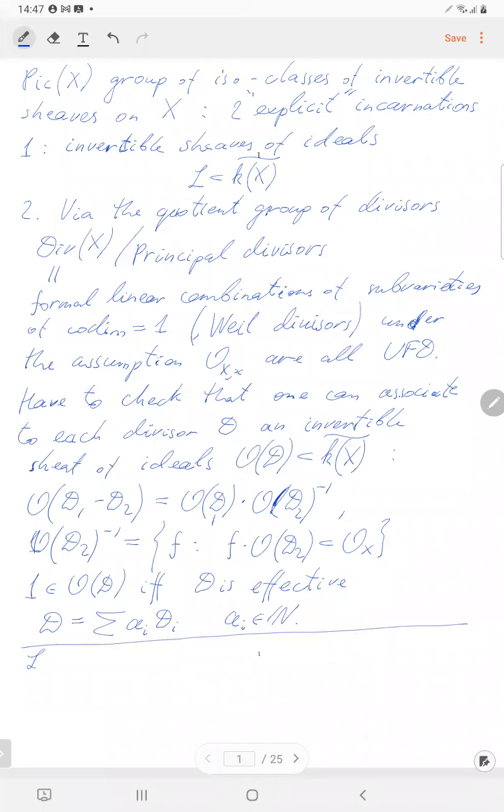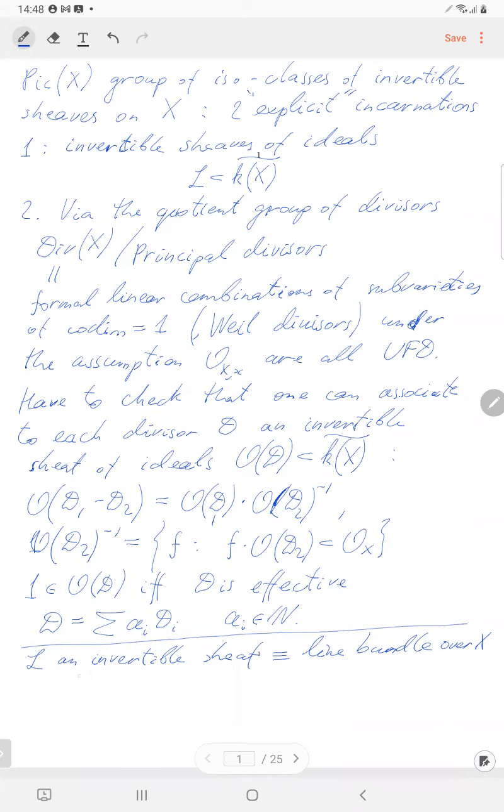So L will be an invertible sheaf, the same as a line bundle, so we will even denote it by the same letter L over X. And now you see locally it's a free OX module of rank 1.